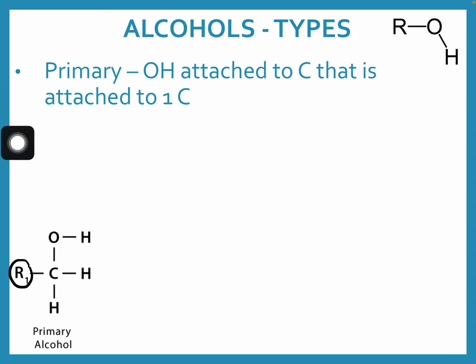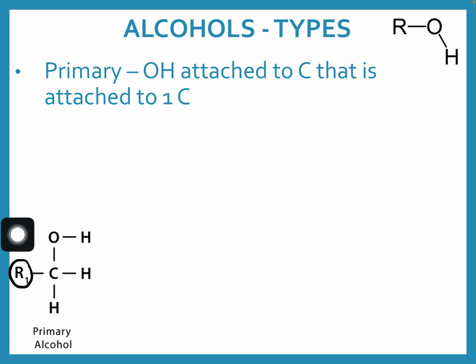So when we use R as a group, what we're meaning is any chain of carbons that continues on over there. So there's going to be a carbon here and then potentially multiple carbons after that. But the only thing we're concerned with is this carbon is only attached to one carbon. So it's got 2 hydrogens and the hydroxyl, but only 1 carbon.